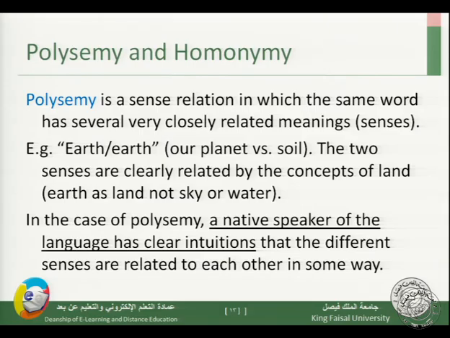Here we have the same word with different meanings, but they are closely related. As we said, native speakers will have a very clear intuition that the different senses are related to each other in some way. Like we said, with earth, the planet, and earth, the soil, the relationship is based on the concept of land.